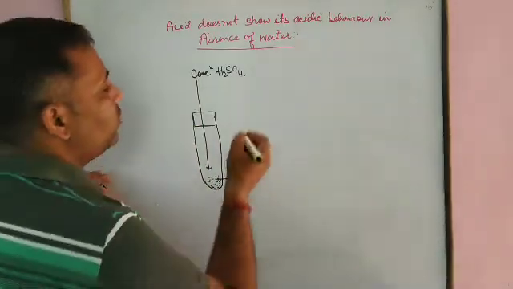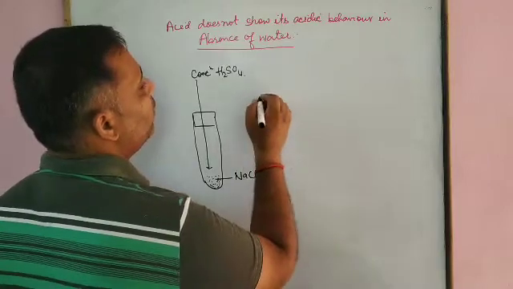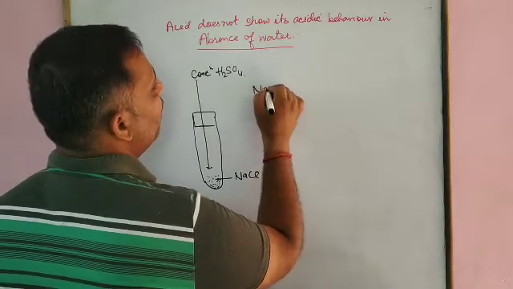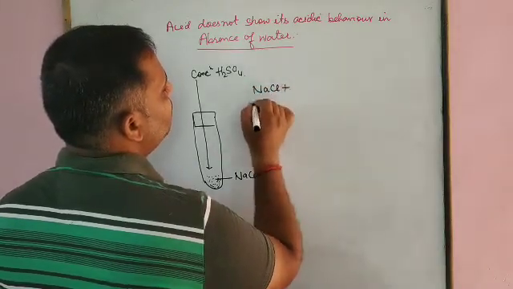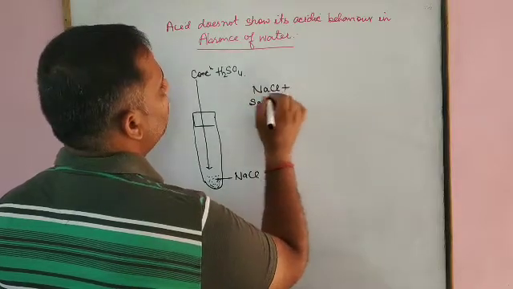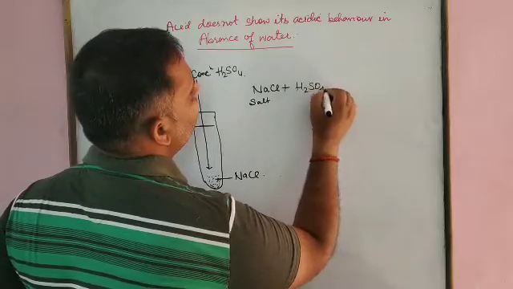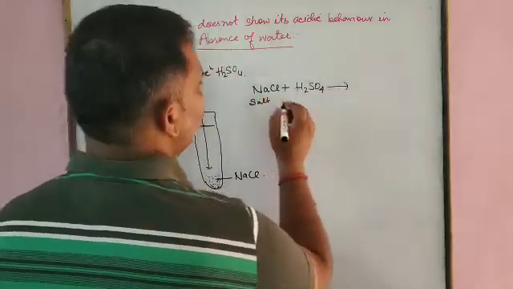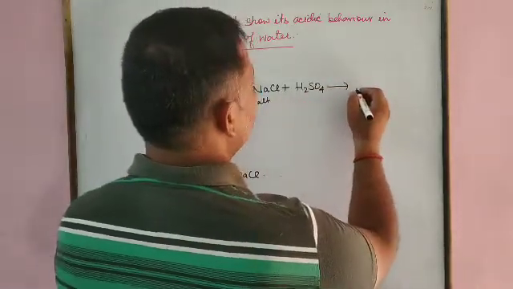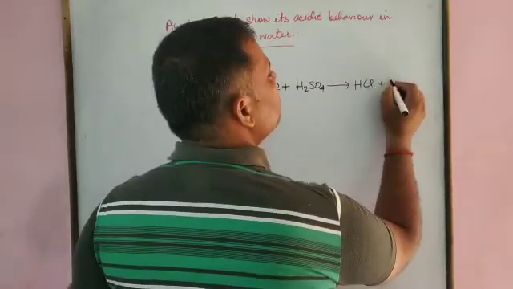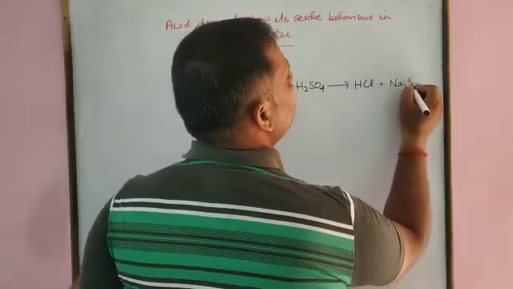Let us look at the chemical reaction involved here. When NaCl salt reacts with H2SO4, it will produce Na2SO4.